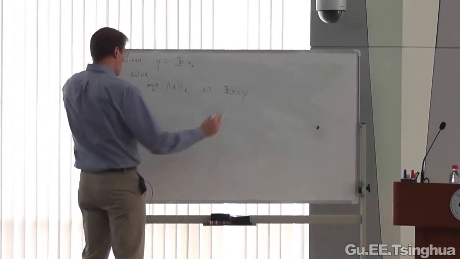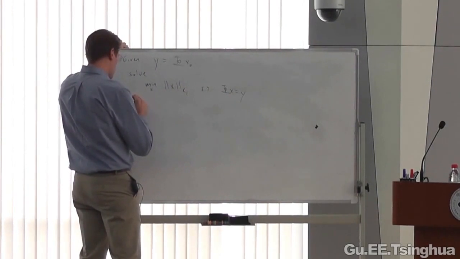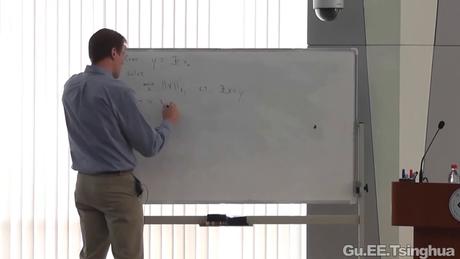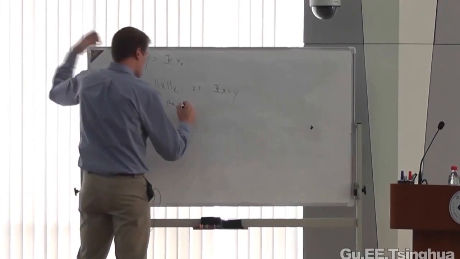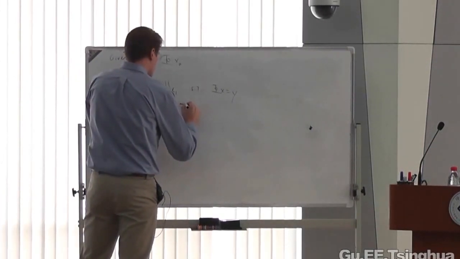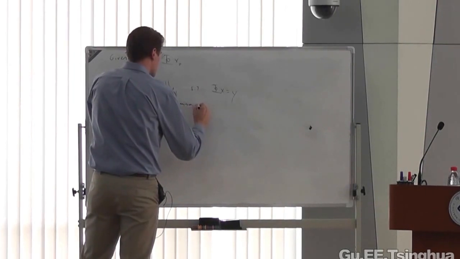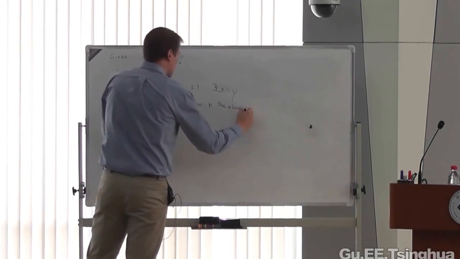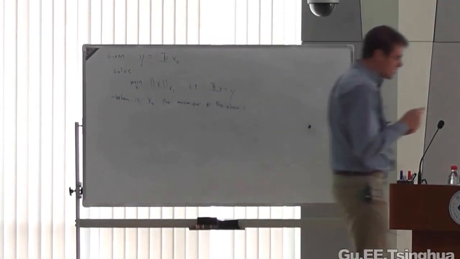So what do we want to know? The main question we want to answer is, when is x naught the solution, the minimizer, to the above? Okay, so that's what we want to know about.